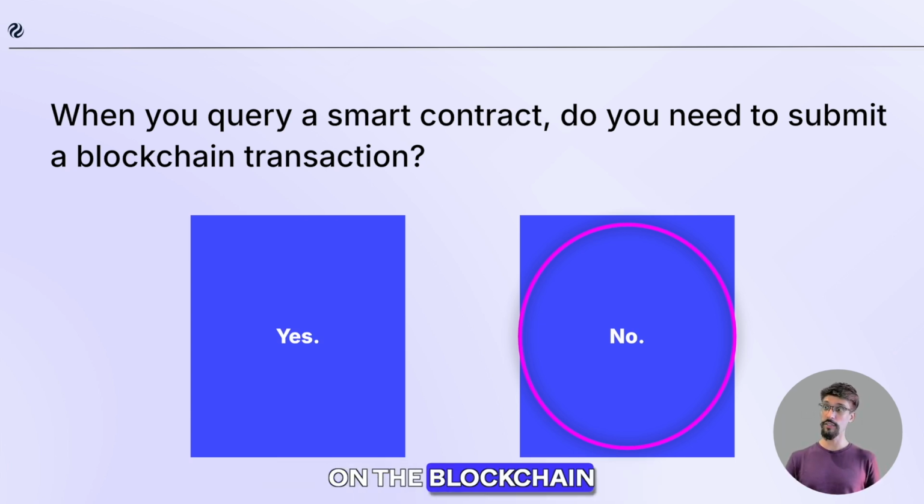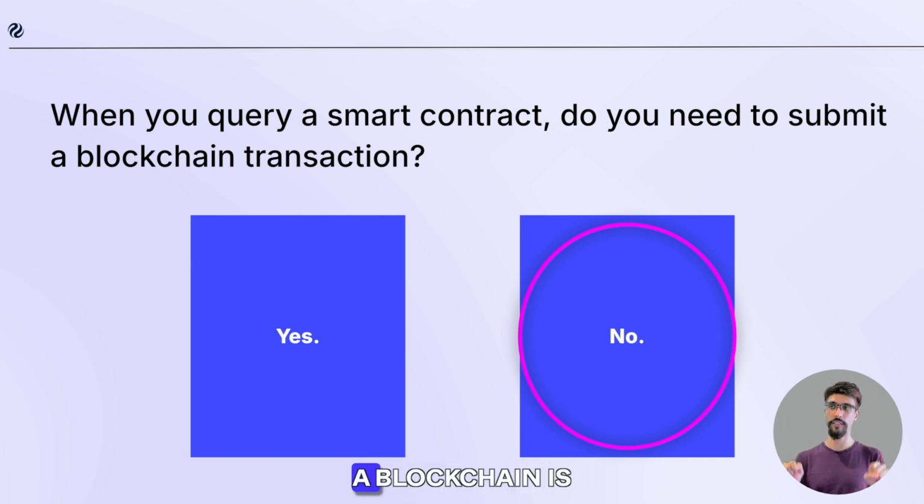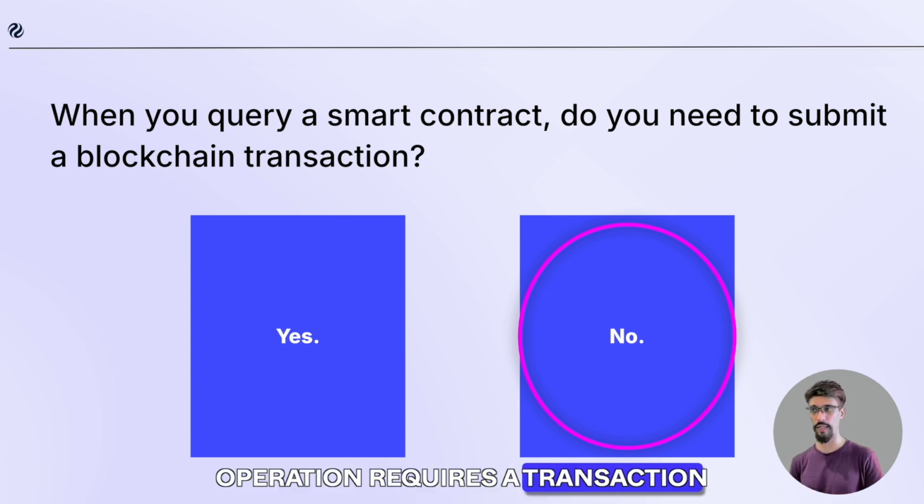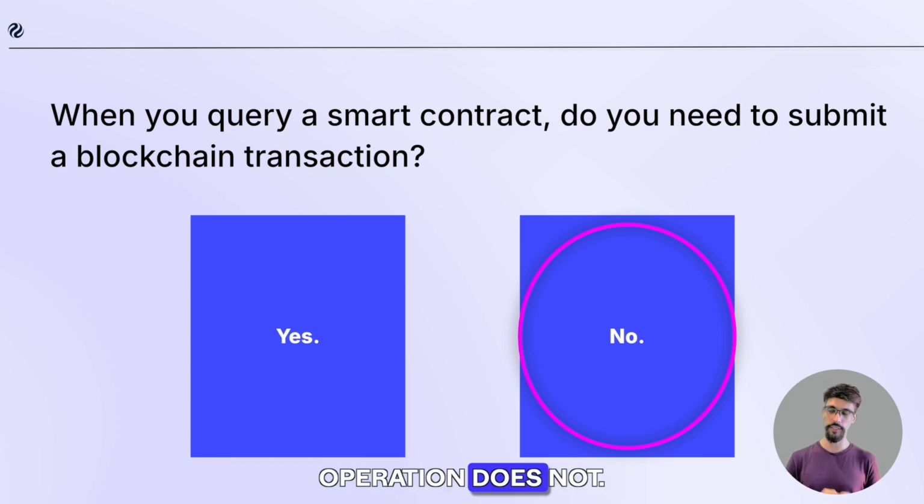So a transaction on the blockchain is essentially saying, here's my start state, here's my end state, and my transaction is going to bring you from this to the other one, right? It's a state change. A transaction on a blockchain is a state change of the blockchain. So a write operation requires a transaction, whereas a read operation does not.